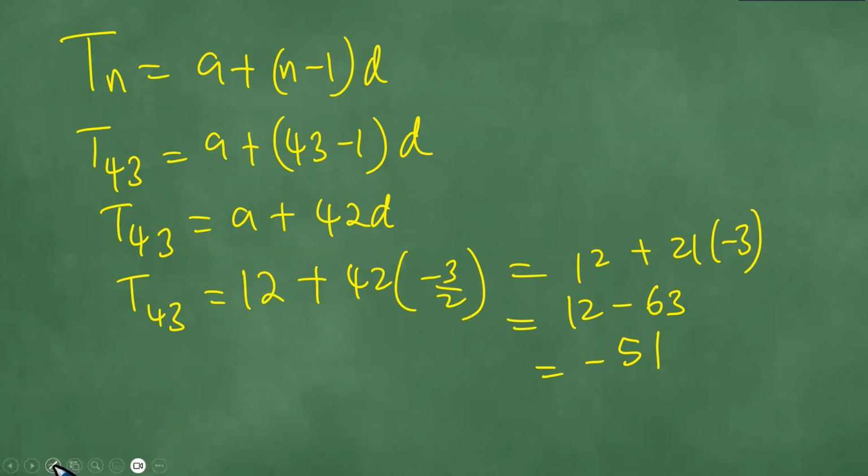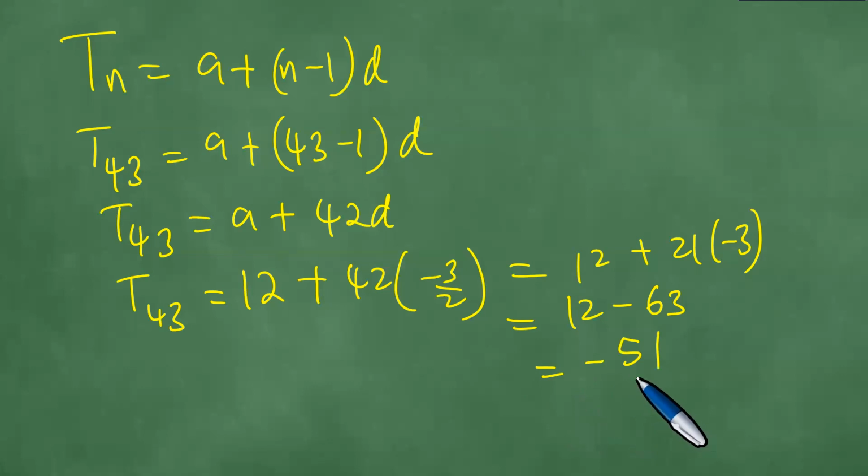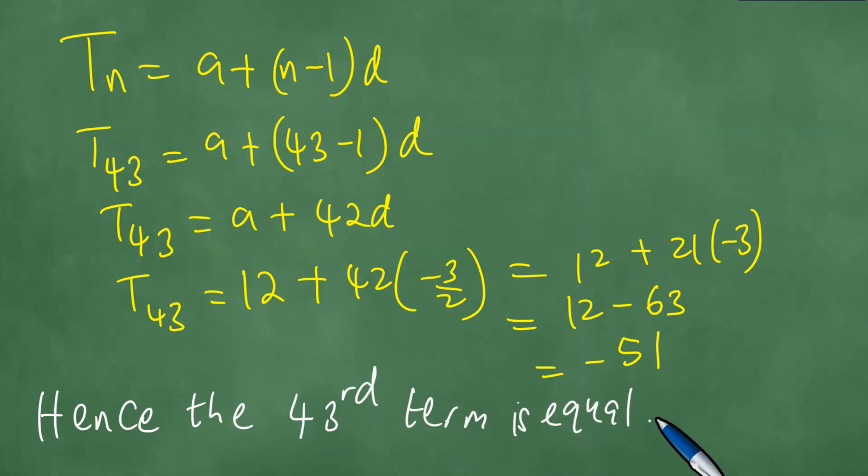So it confirms that indeed the 43rd term is the one that is equal to minus 51, because the way they asked the question, they said, which term is minus 51? So hence the 43rd term is equal to minus 51.